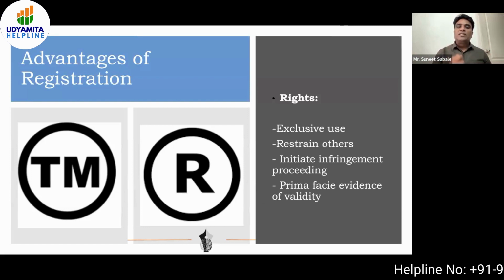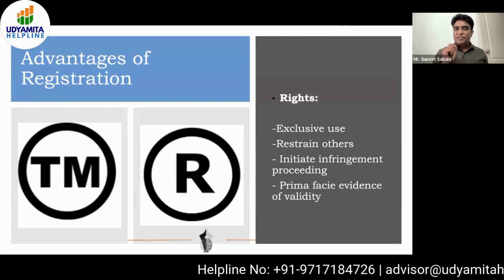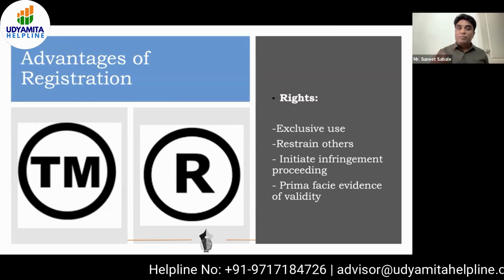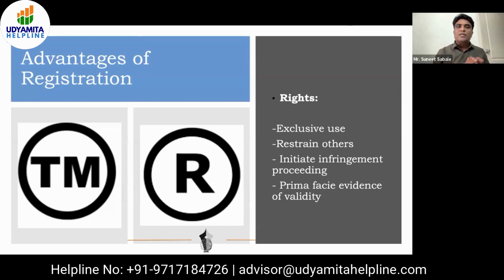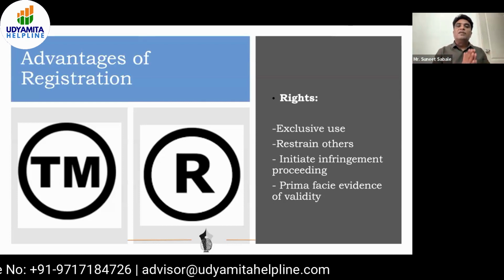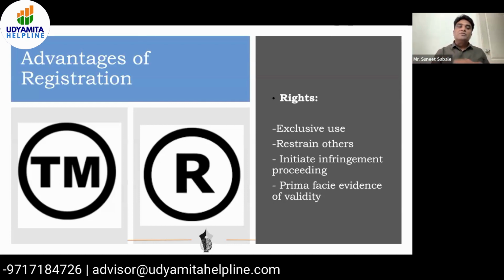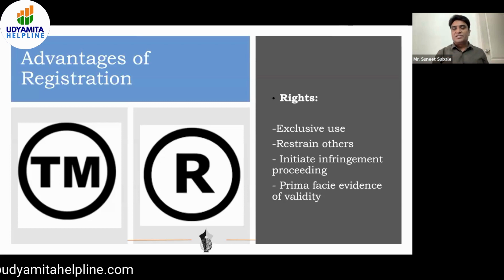Earlier, people were misusing intellectual property. They were directly filing FIR, and people were taken into custody for the infringement of trademarks and copyrights, even for patents, which is not a criminal offense. But now the infringement of IPR is not a criminal offense. So TM, you can use only when you have applied for a trademark, or when it is registered.